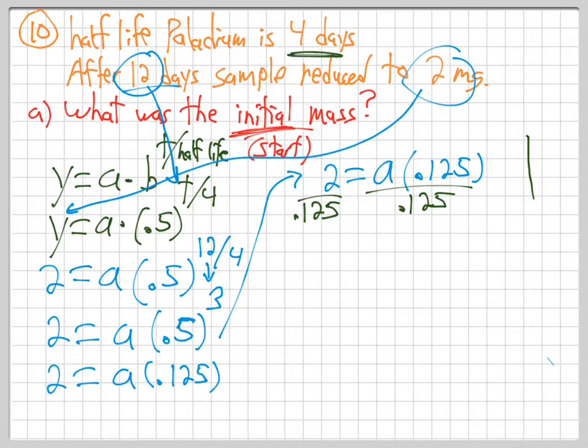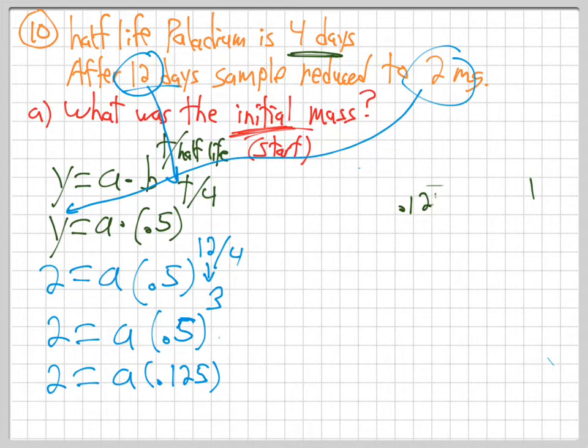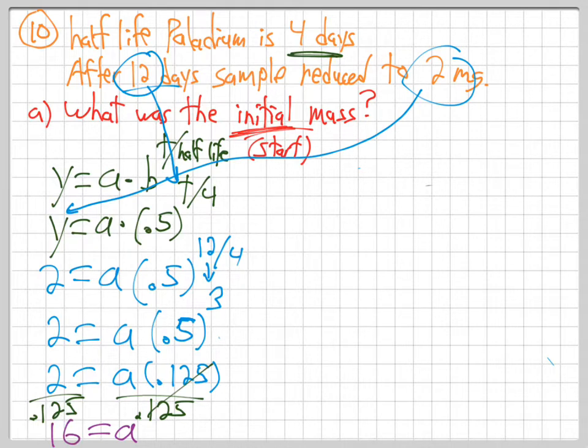Let's finish. We now divide by the 0.125. And we get A is 16. So that's the starting amount. Now part B asks the question, the second part, what is the mass 4 weeks after the start?